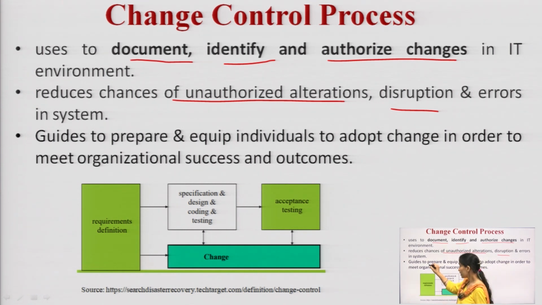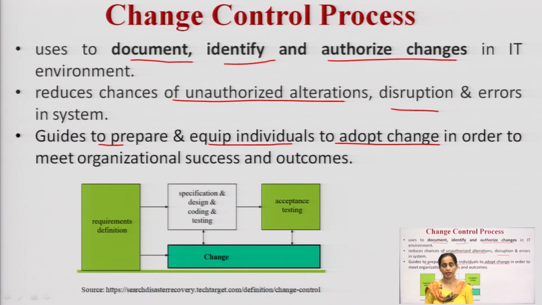Then it guides to prepare and equip individual persons to adopt the change in order to meet my organization's success and outcomes. So, it is not necessary to always be strict on your guidelines, we may adopt the changes as per the new outcomes that we want to meet.